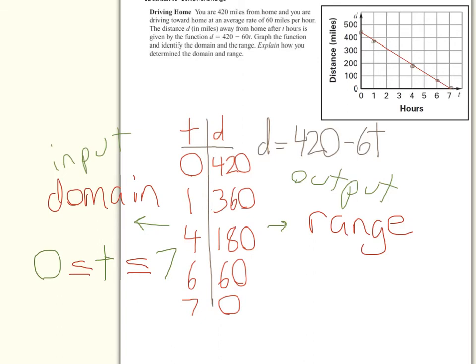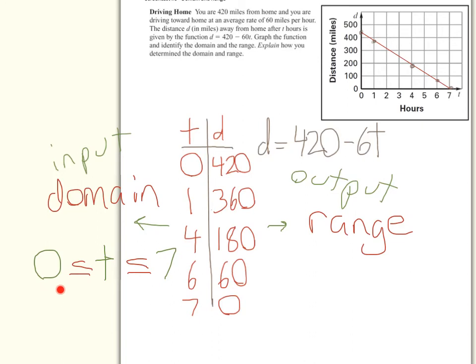Because what you're saying here by creating this is that your time t is between 0 and 7. More specifically, if we looked at it piece by piece, time has to be less than or equal to 7, or time is greater than or equal to 0.